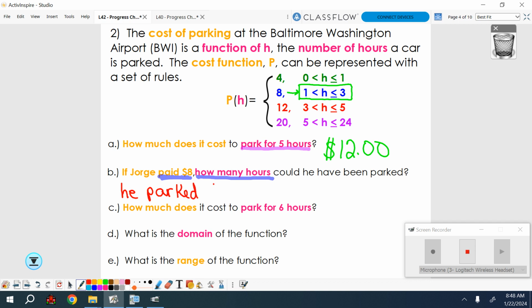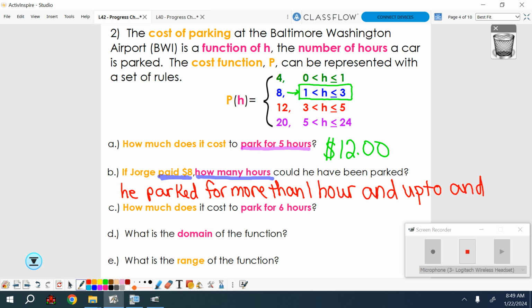So he parked for more than 1 hour, and up to, and including, because it's got the equal to sign here, up to and including 3 hours. So he parked for a little more than 1 hour and up to 3 hours, but no more than 3 hours.